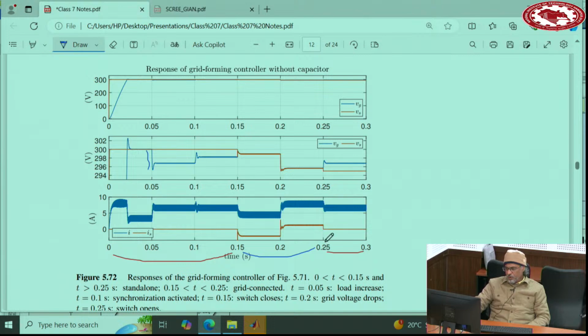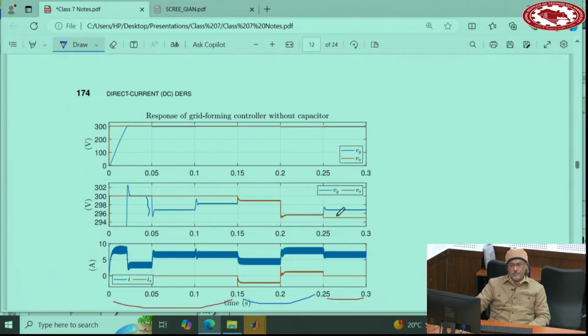And then at this point, again, it's disconnected from the grid, and no problem, it goes back to the disconnected mode. So you will see in DC, it's not very challenging. The same supportive terms that we had, dynamic support and static support, if they are strong enough, they can provide a grid forming converter.